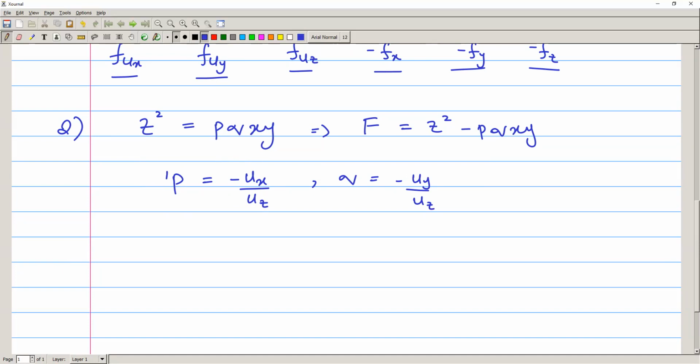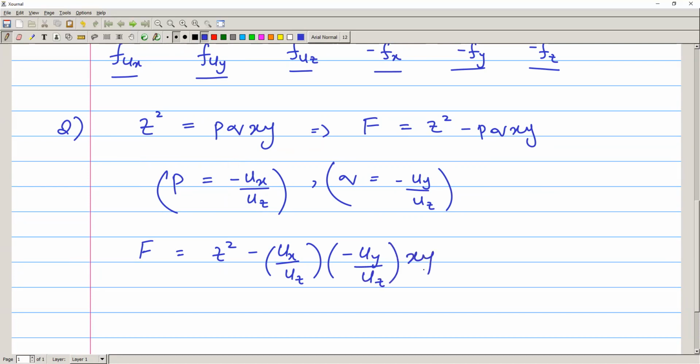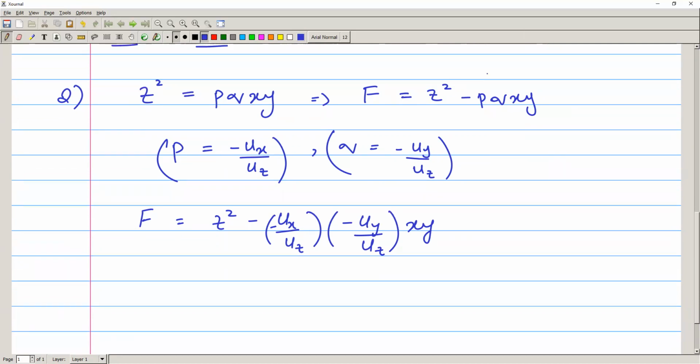Now we'll plug these values in the original equation, so the function will be transformed in this manner: z squared minus negative ux over uz times negative uy over uz times xy. So now the function is transformed from p, q to ux, uy, and uz.